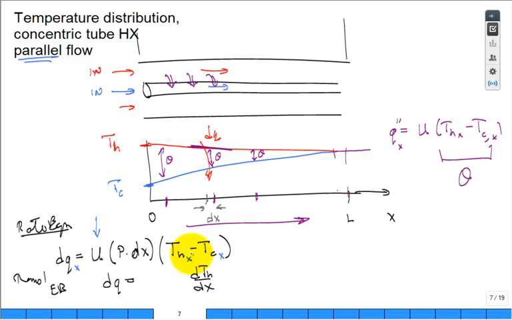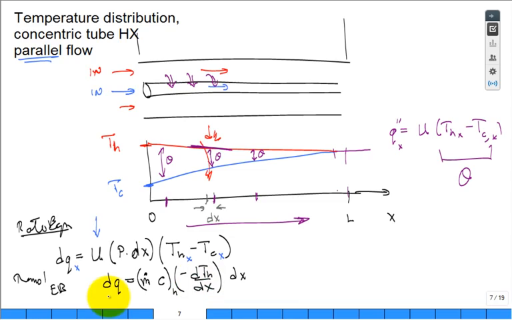So I'm going to put a negative sign right away on that term. So I'm talking about a positive rate of temperature change of the hot fluid as it moves down the tube in the direction from inlet to exit. Okay, well, what you have is the mass flow rate times the specific heat of the hot fluid, and if you multiply by that little length dx, you pick up the actual temperature change of the hot fluid.